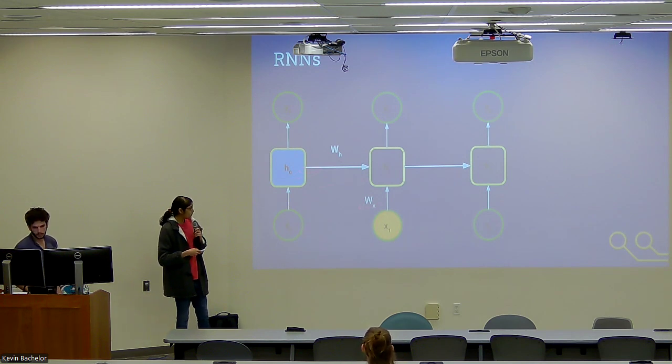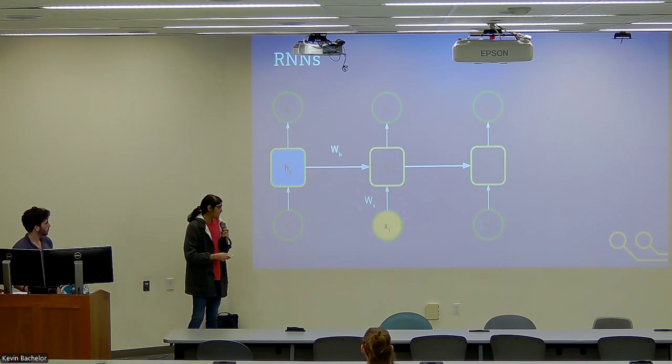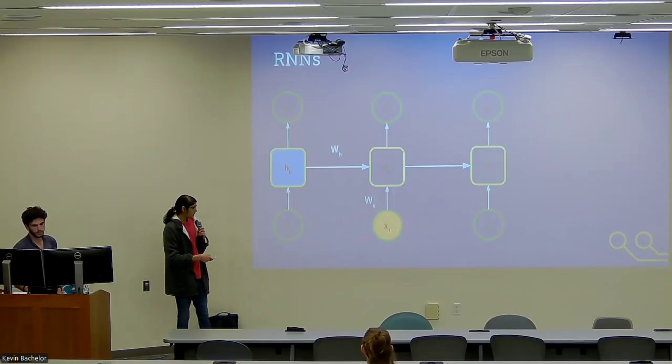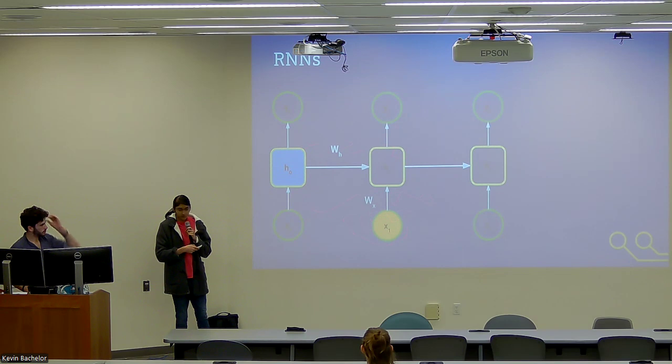If we're at time step 1 over here, the way we compute this hidden state is we take the input at this time step, multiply it by some weight, then take the previous hidden state, multiply that by some weight, sum the two together, and that's how we get our next hidden state.